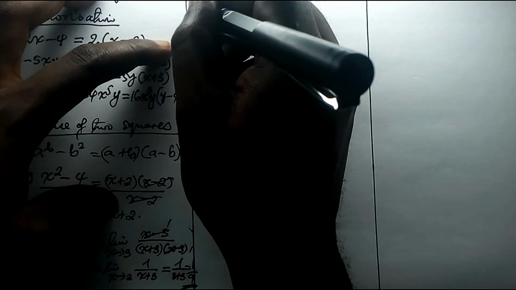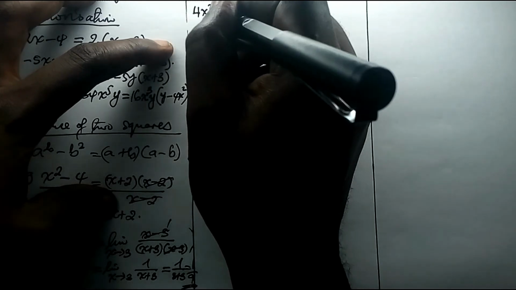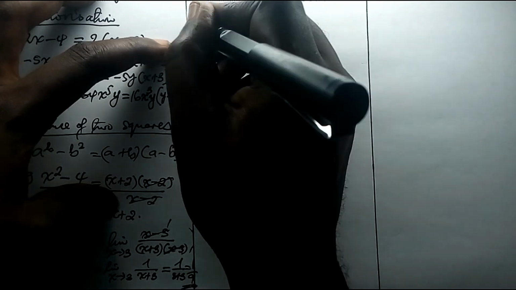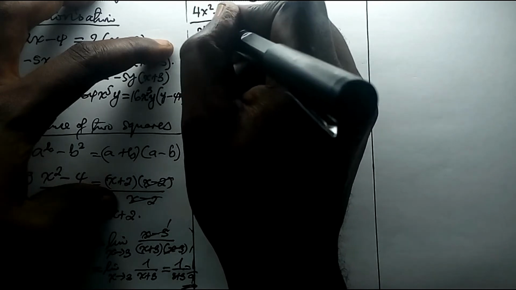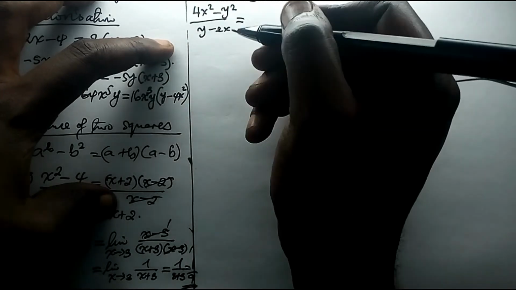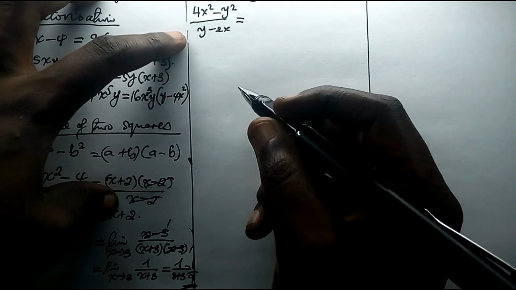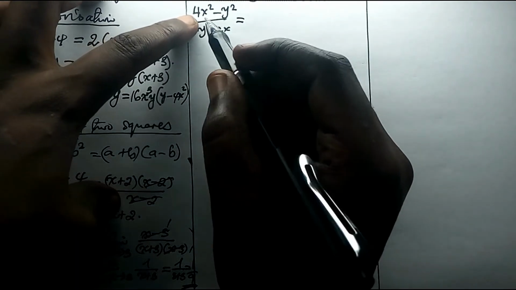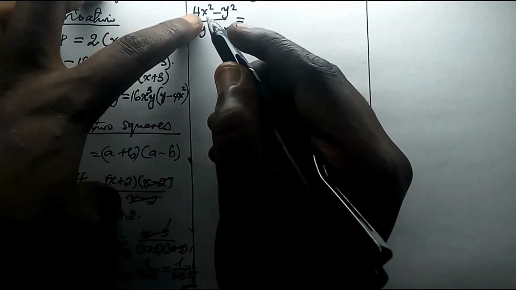You could also have 4x squared minus y squared all over y minus 2x to simplify at some point. The numerator is a difference of two squares. 4x squared is 2x all squared.